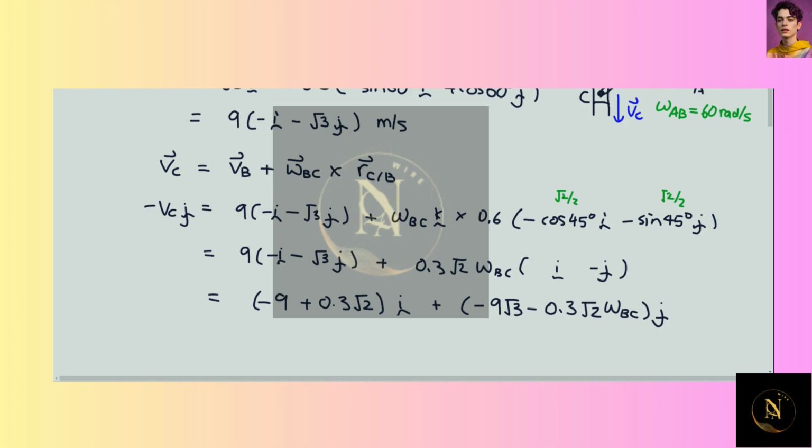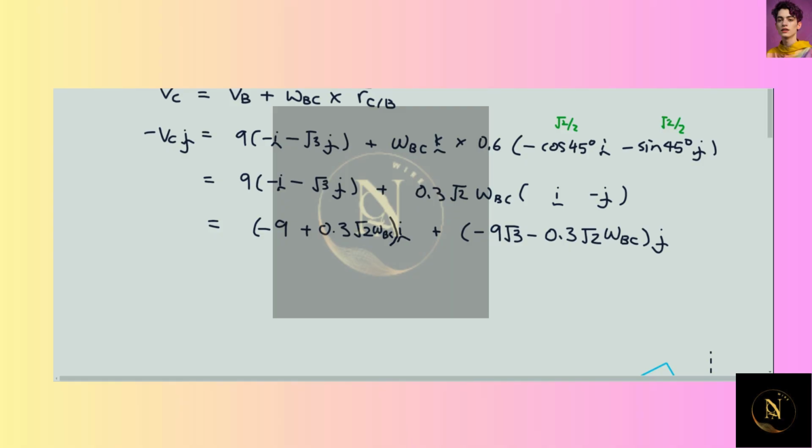So there is the omega BC here. Now we are able to compare the components.